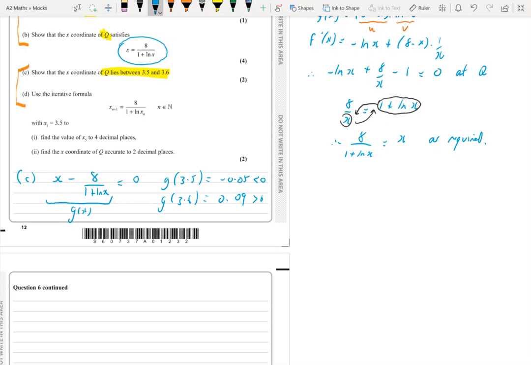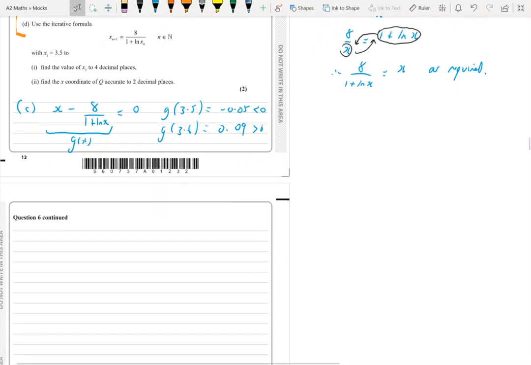So we have, let's move down to the next page so we can write it, we have a change of sign. And this function g is continuous, at least on the domain we're looking at. Therefore, the solution is in the interval (3.5, 3.6).